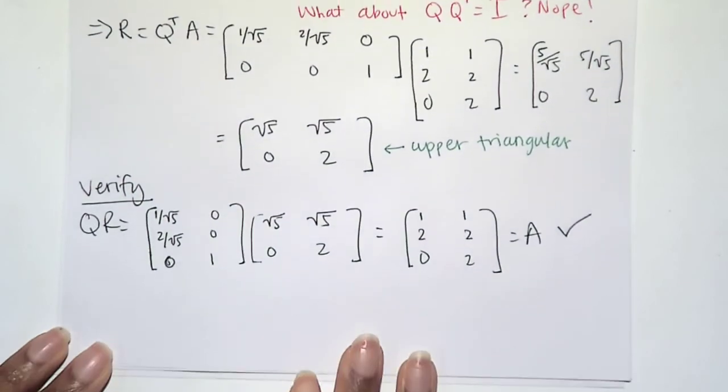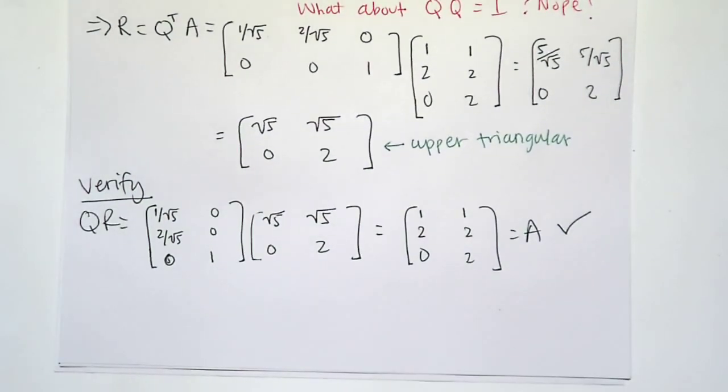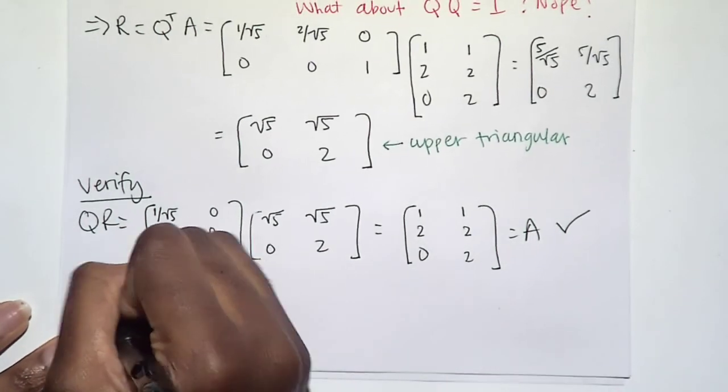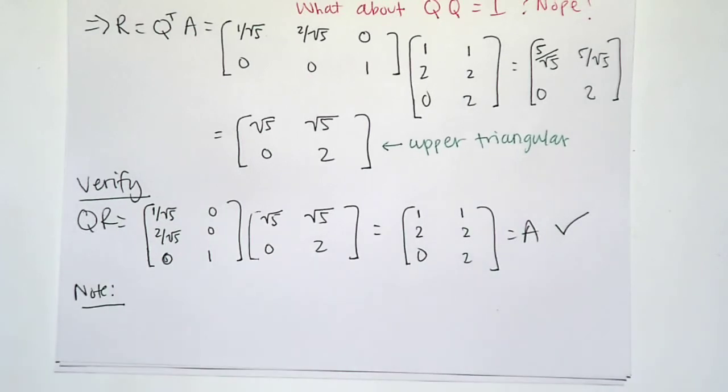We did QR factorization. So when would you ever use QR factorization? If you're using MATLAB, MATLAB does QR factorization. So note, this is the last note of our notes today.